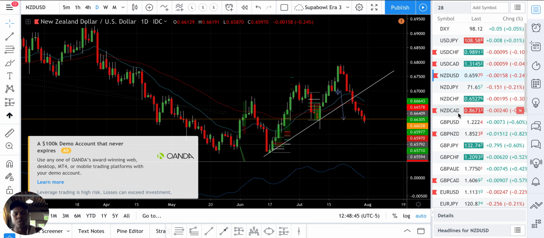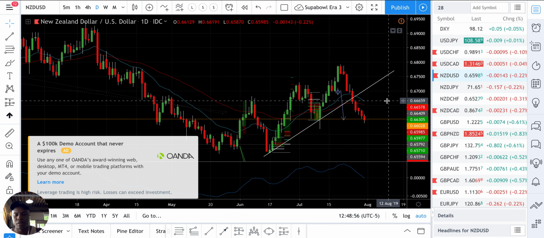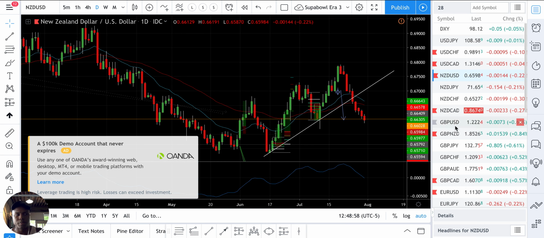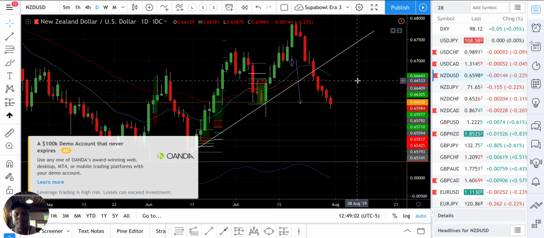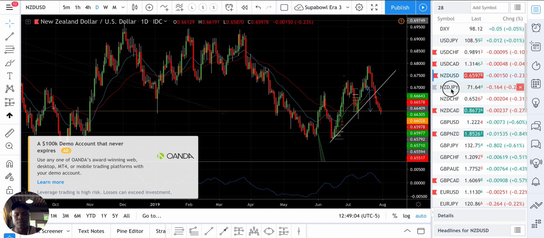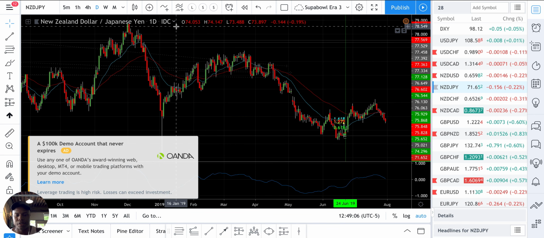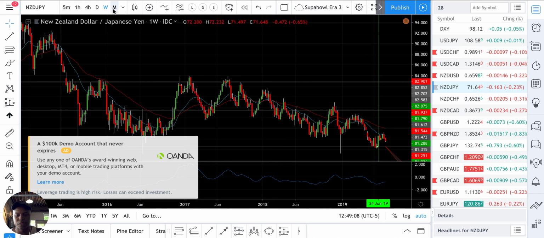So if we're doing the order of which ones look the best, I'm going to do NZD USD, NZD CAD, CHF, and then JPY. And that's going to be the order that I'll be looking at these and looking to get into them. I'm looking for bullish momentum. I'm not looking for a short trade here based on just a daily time frame.